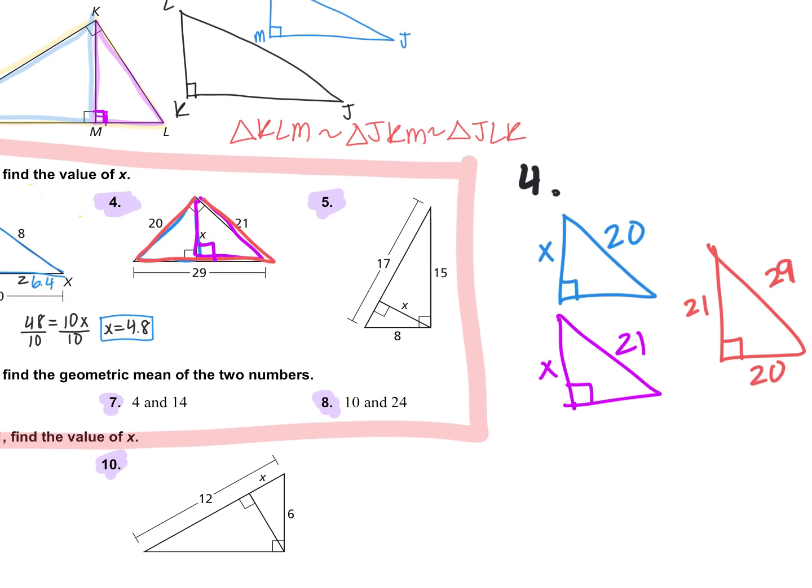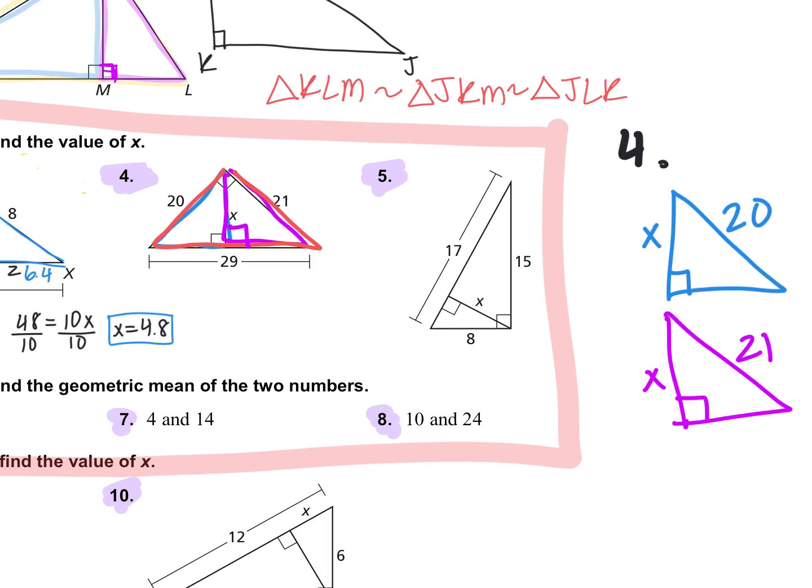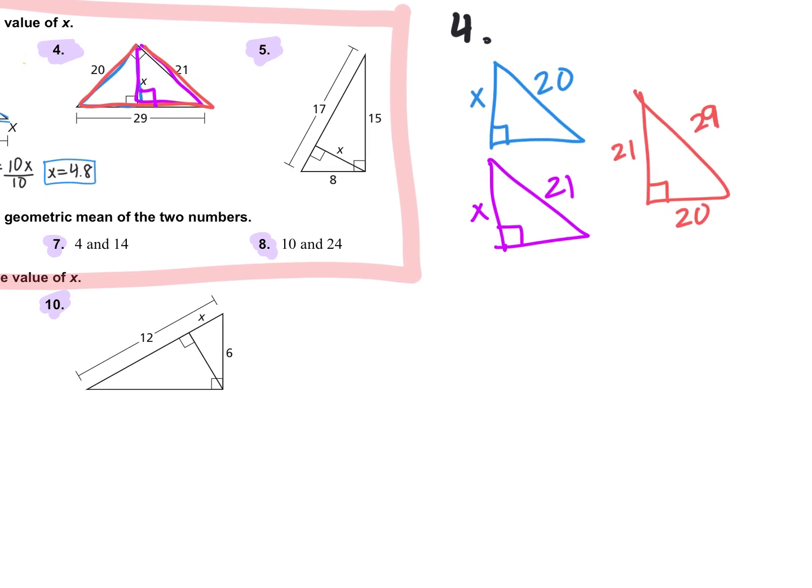So setting it up, I'm going to put it right here at the bottom. I'm going to have X over 20 equals 21 over 29.